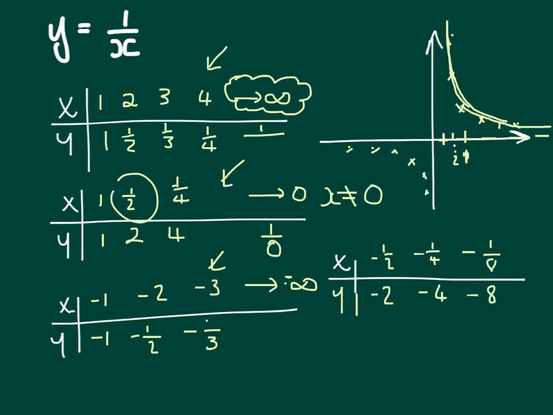As we're going closer and closer and closer to 0, our y answer is going to get increasingly large in the negative direction. So we end up with this kind of funny shaped, almost like an X on its side graph. But again, we've discovered points that we know this graph definitely can't cross. It's going to be the x and y axes, so we must put in our asymptotes.